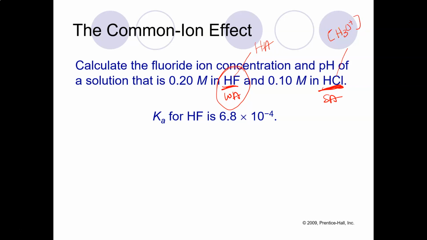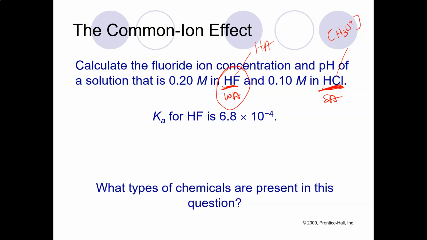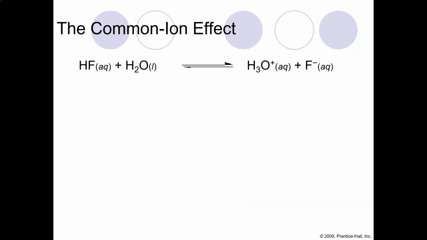That's the definition of strong acids. Okay, so that was the what type of chemicals are present in this question, the weak acid and the strong acid. So this is me writing the HA equation, only I put in actually HF. In Chapter 16, I always did HA. I'm just rewriting it like this.